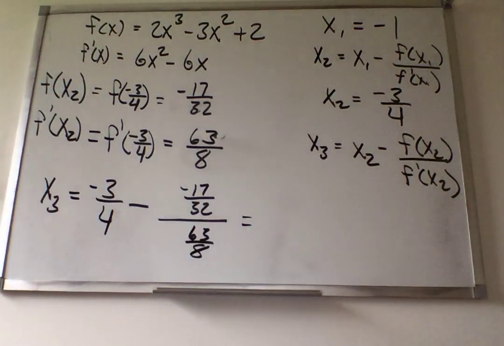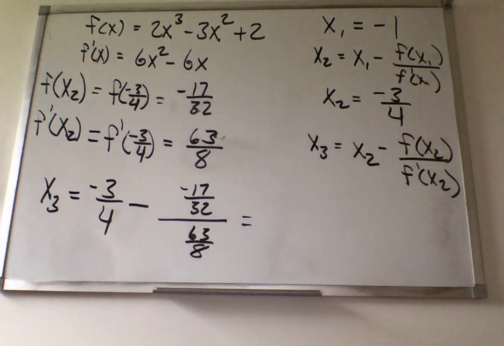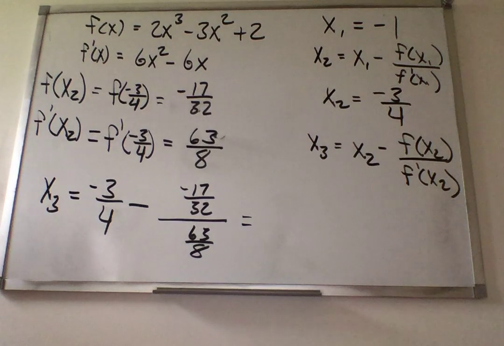Now, I'm definitely going to use a calculator for this. This is a messy fraction here. So, negative 3/4 minus negative 17 divided by 32 divided by 63 divided by 8. Make sure you're using parentheses around all of your fractions. That way, it'll come out correctly.